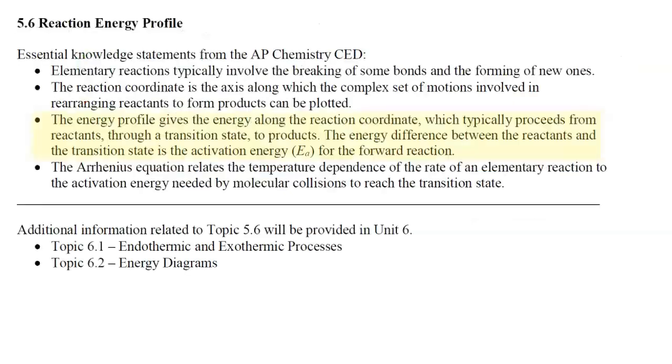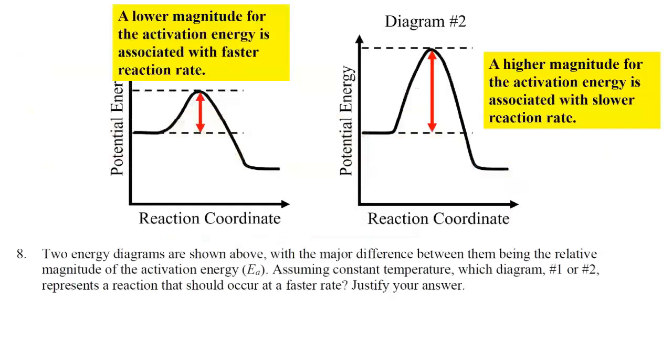So back during Unit 5, which was on kinetics, topic 5.6, reaction energy profile, you learned that the energy profile gives the energy along the reaction coordinate, which typically proceeds from reactants through a transition state to products. And the energy difference between the reactants and the transition state is the activation energy for the forward reaction.